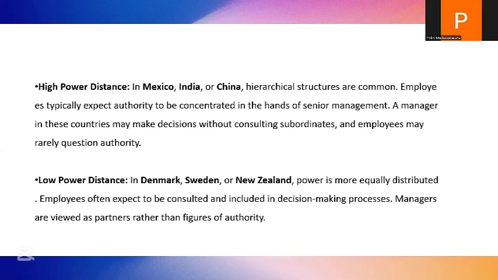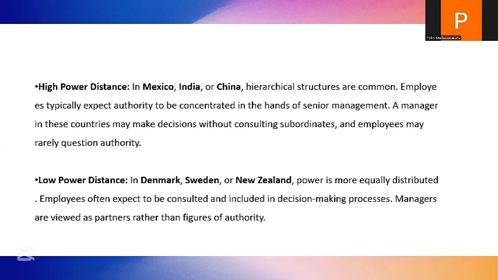So countries like Mexico, India, China, they always go for hierarchical structures. So employees are always expected to follow what the authority says. Okay. And the manager is always the person who takes decisions, and they never go for consulting the ideas of these subordinates. Okay.